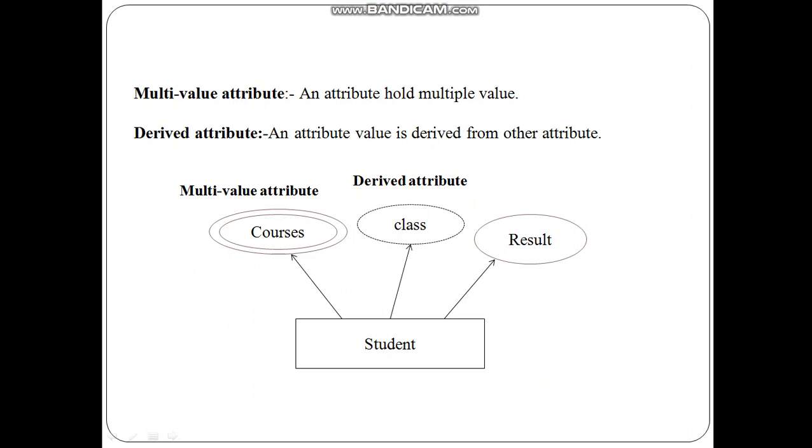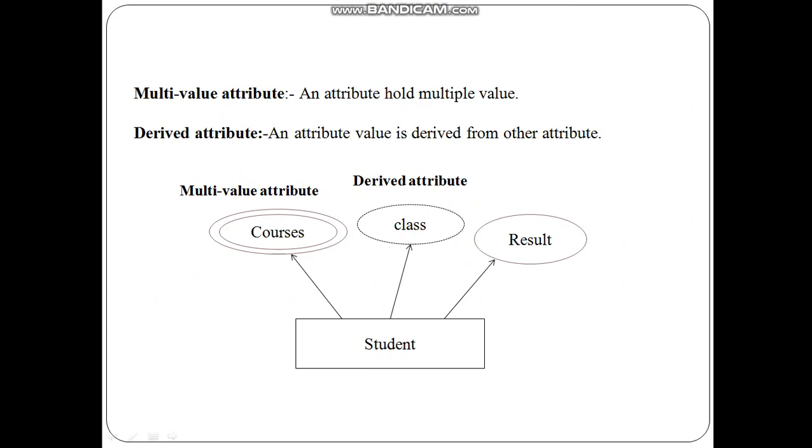The derived attribute means the attribute value is derived from another attribute. If we say a student can enroll in many courses, that's why it is denoted by double circle. Then derived attribute means this class is our derived attribute, and it is derived based on result.